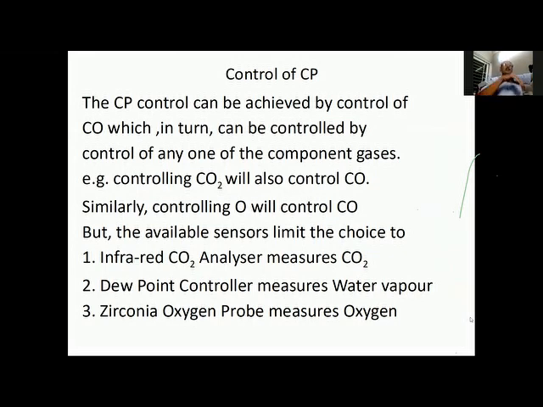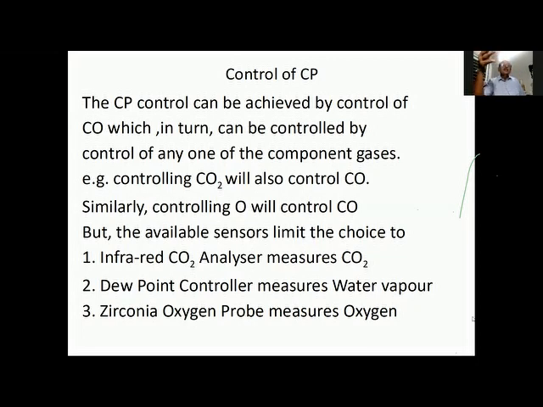Yeah. Control of the carbon potential can be done in one of the three methods which are common. Infrared CO2 analyzer has been one of the older systems of measurement, and it measures one of the different gases that are present in the carbonizing atmosphere. You control any one, and the others get controlled, because as we saw, there is a chain reaction going on where you are converting CO at the surface to CO2.